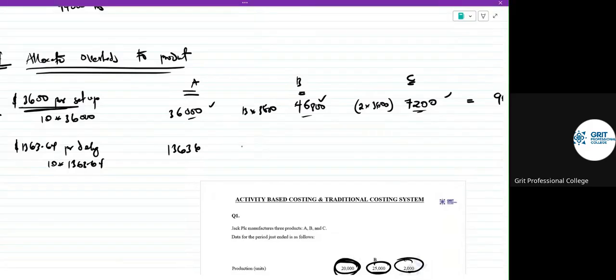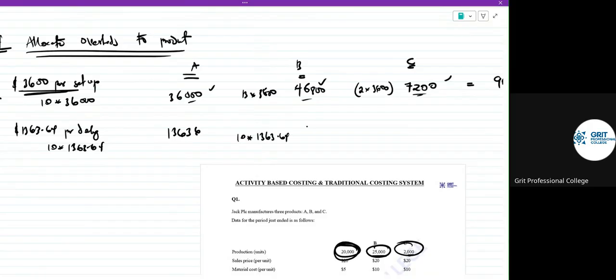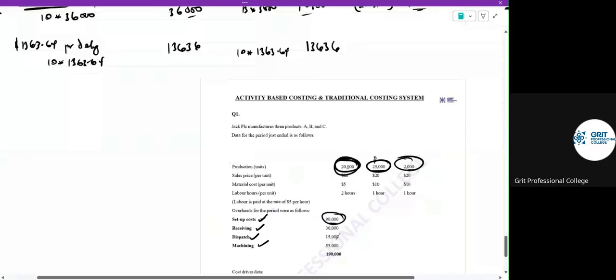Same will be for B. B also had 10 deliveries. So 10 by 1363.64 will give us 13,636. And then C finally, I think that is 2, right?